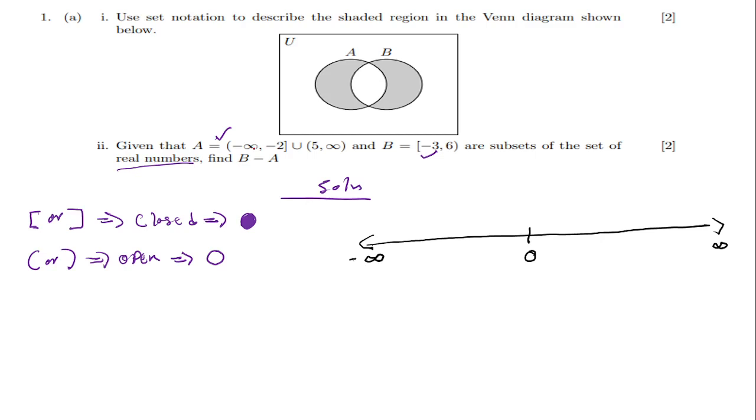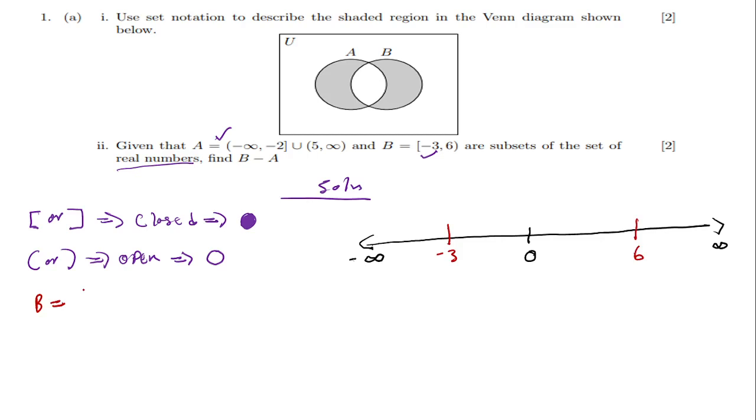So you're going to start with set B, since it is B minus A. What is set B? Set B is starting from -3 to 6. Now, this set B is written as closed bracket -3, comma 6, open bracket.